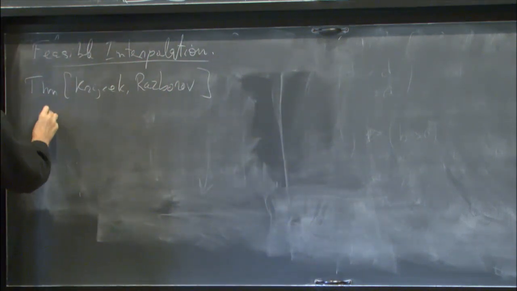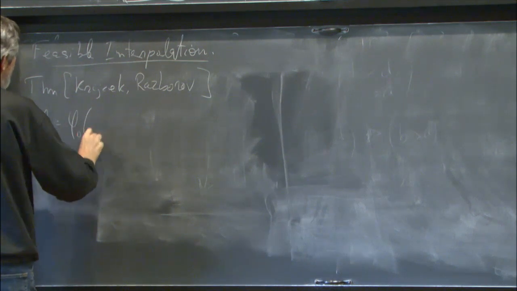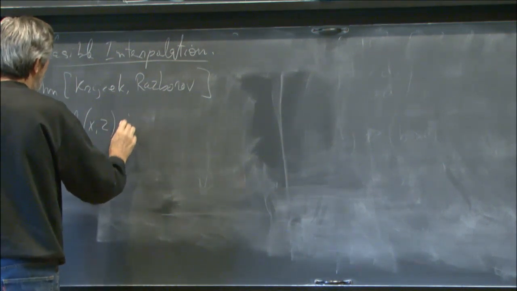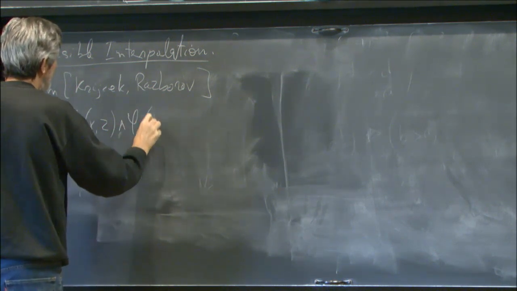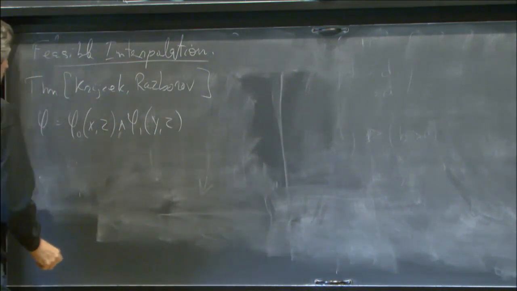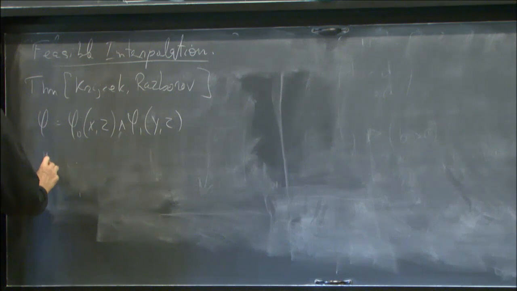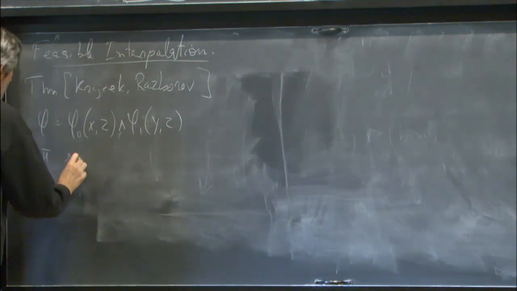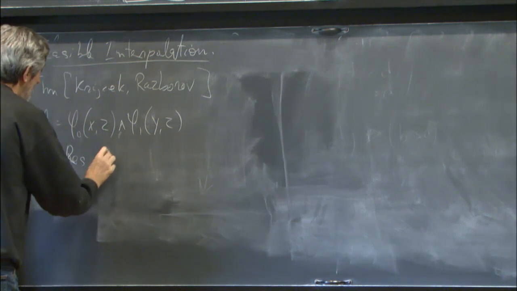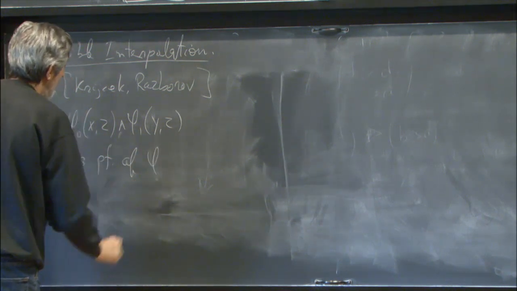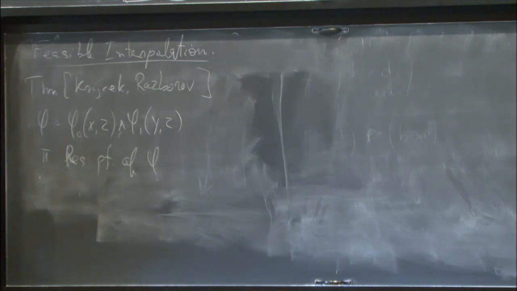is that if we have phi, which is phi 0 of x and z, and phi 1 of y and z, and pi is a resolution proof of phi, then if we are given this proof, maybe when I stated the interpolation property, I didn't state that the proof is given.